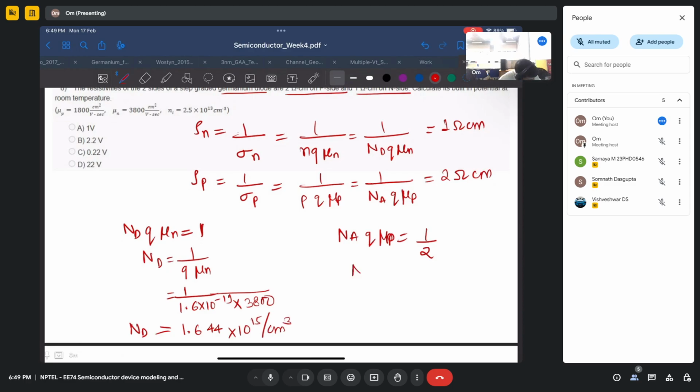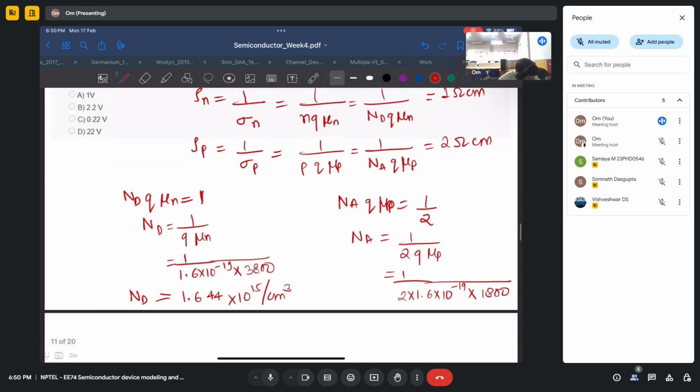Na will be 1 upon 2 q mu p, which is 1 by 2 into 1.6 into 10 to the power minus 19 into mu p, which is 1800. This will be equal to 1.736 into 10 to the power 15 per centimeter cube.